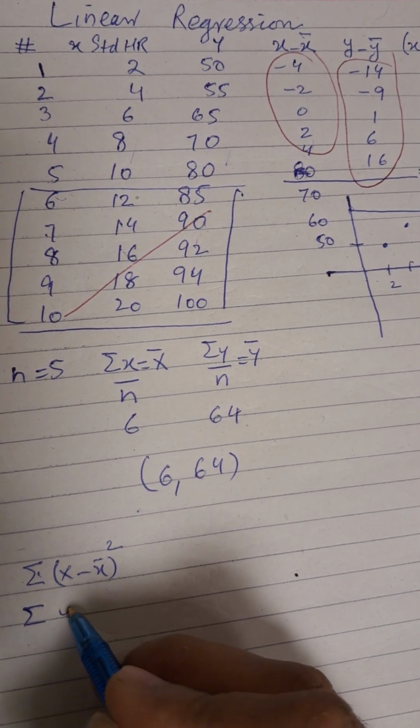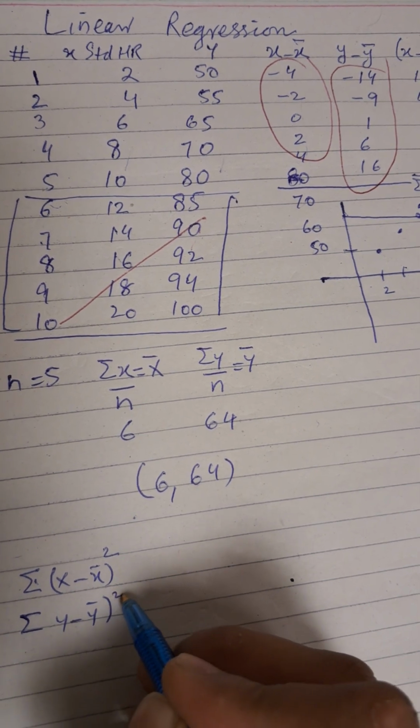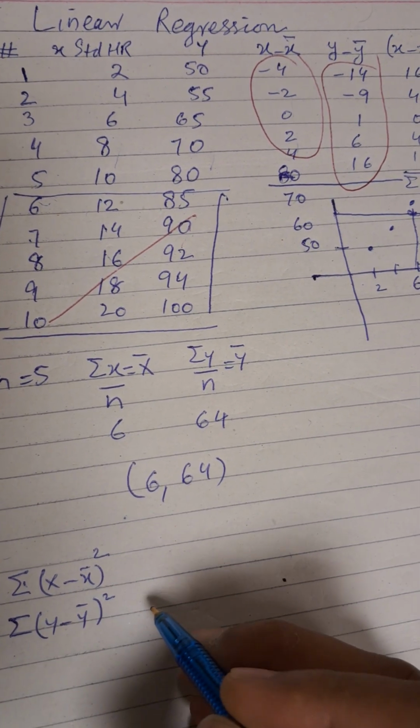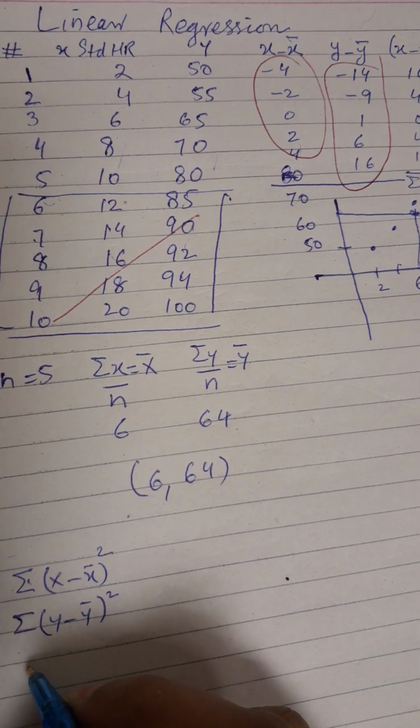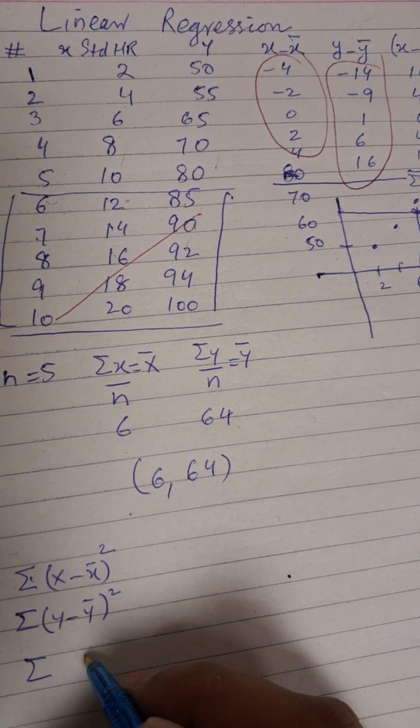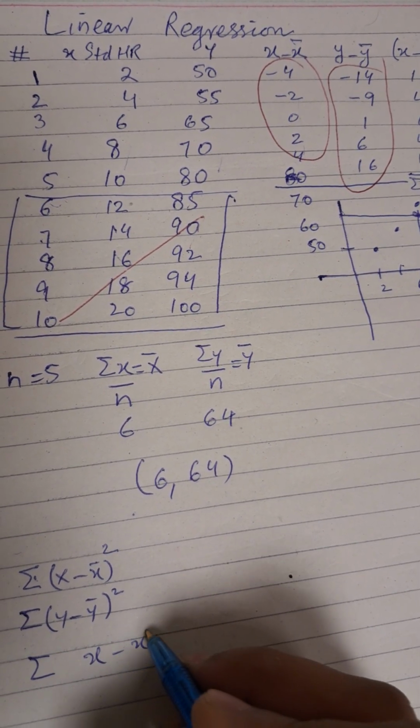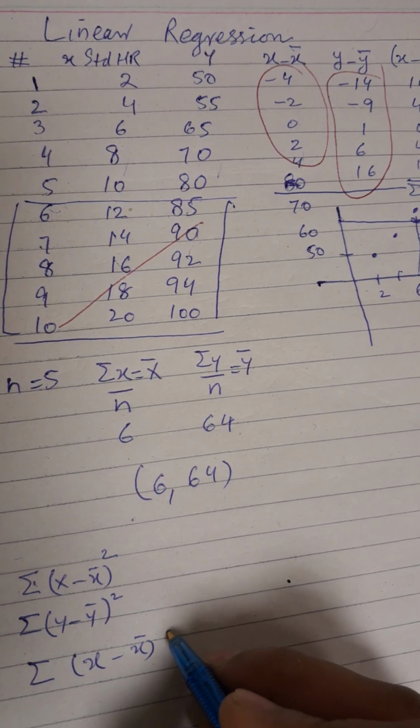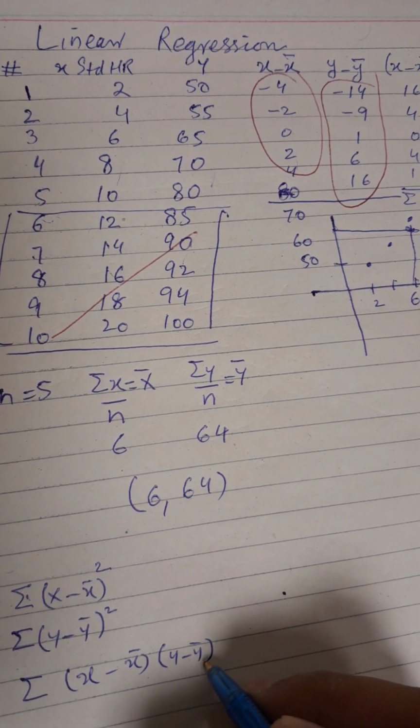Similarly, the sum of y minus y bar square can be calculated. And there's another important one, which is the product of x minus x bar and y minus y bar.